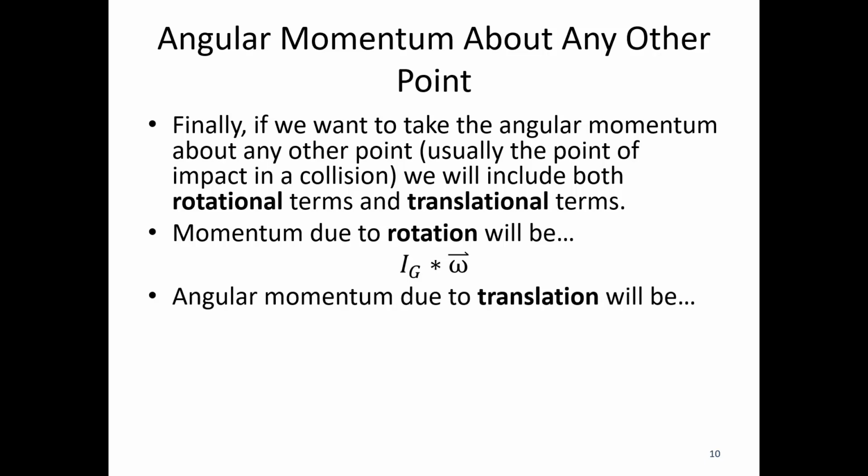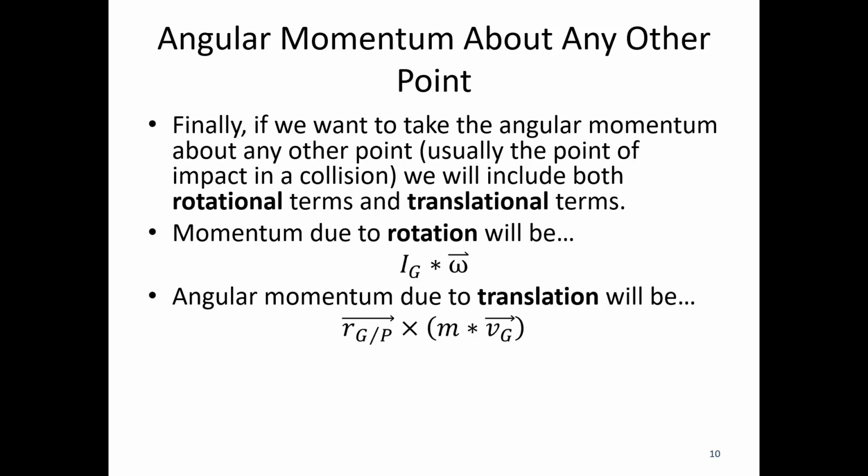But there's also the fact that the angular momentum will take on a piece due to the translation of the body, because we are not taking it about the center of mass of our object. So this new term is going to be r_G/P cross product with mass times v_G.